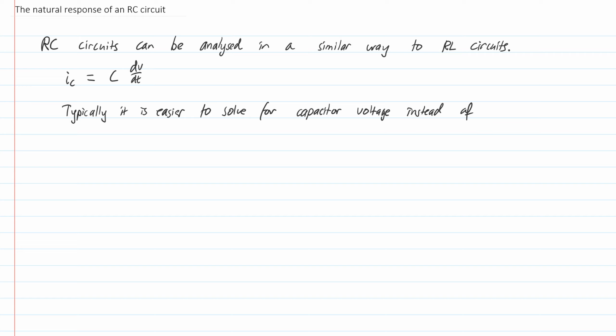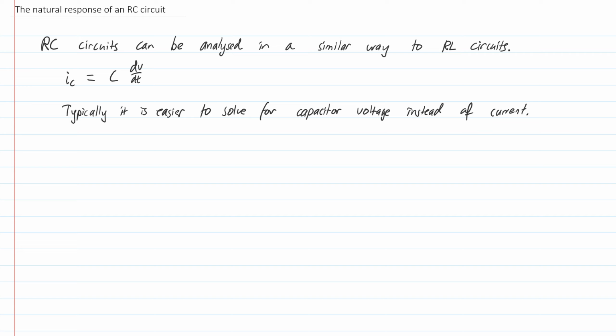With inductors, we preferred to solve for current, and the reason is that in the differential equation that describes the dynamics, we have the derivative on the voltage term. So usually you would algebraically manipulate your equations so that you have the voltage and the derivative of voltage and then solve for that.